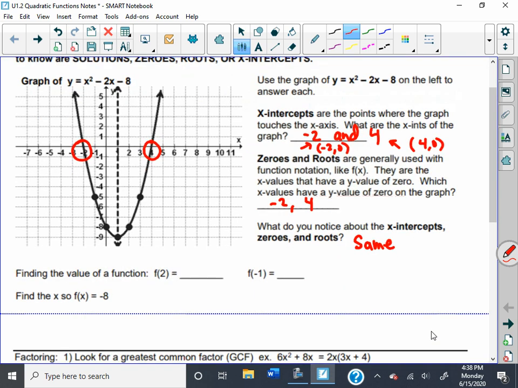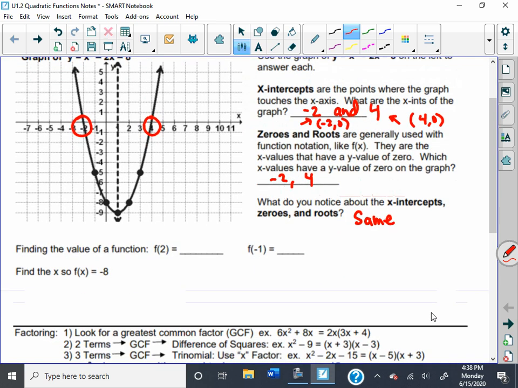All right, so then we can answer some of these questions down here. Find the value of the function f of 2. So f of 2 means when x is 2, what's its y value? Okay, so if we go to the x-axis, +2 is right here.